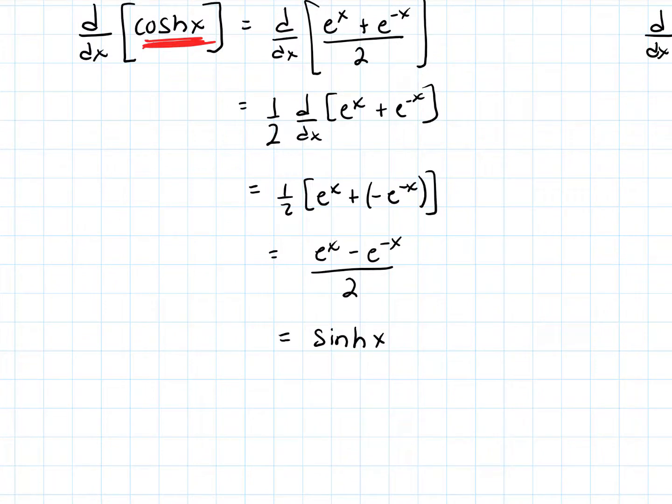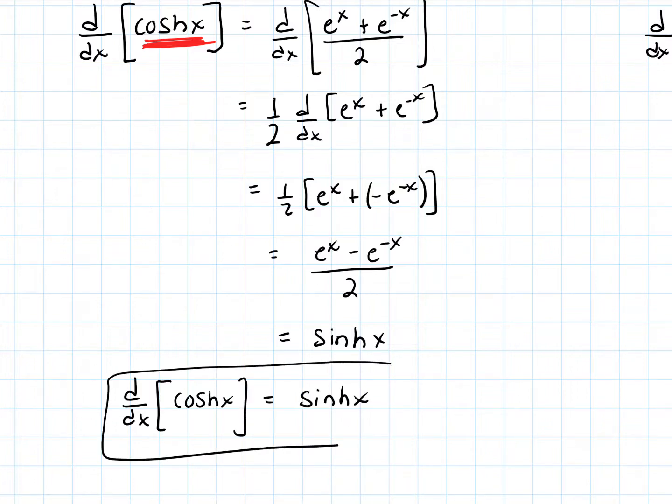So notice here that when we took the derivative of the hyperbolic cosine, we got back the hyperbolic sine. Again, an interesting and handy result. It's similar to the way the trig derivatives work, but notice that this does not have a negative sign on it.